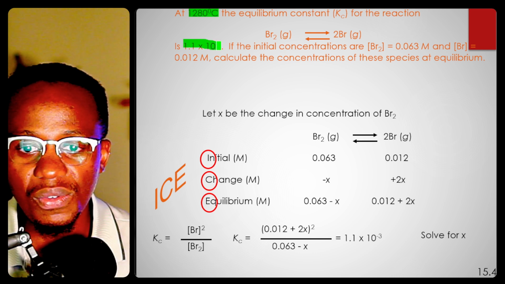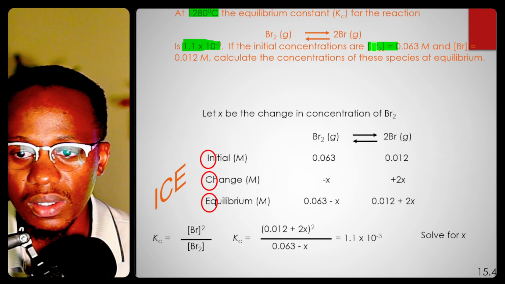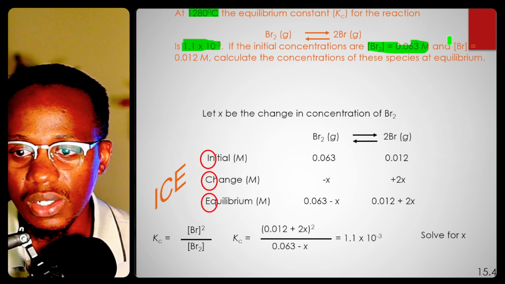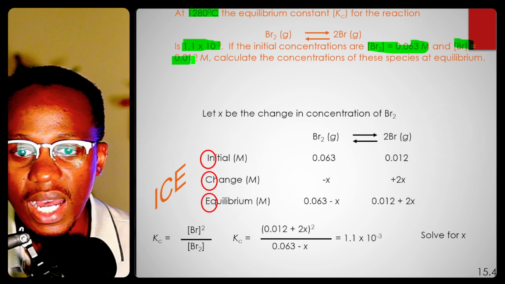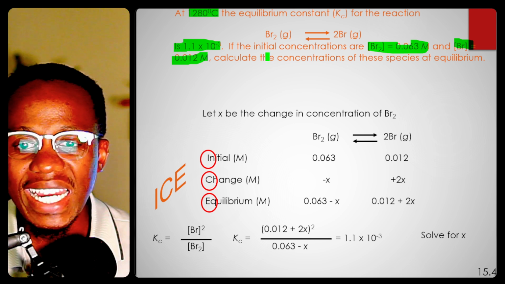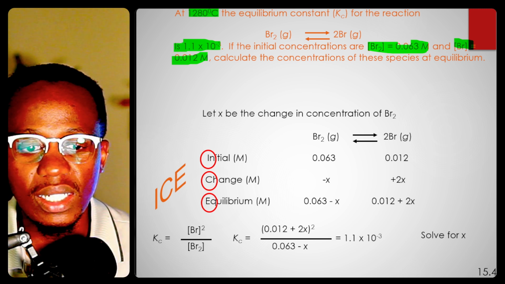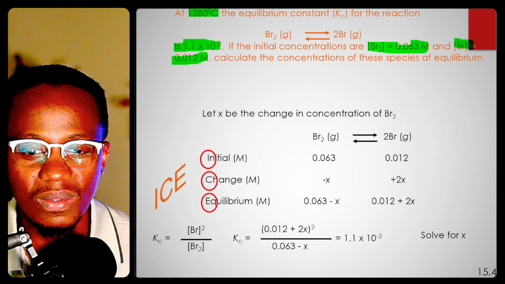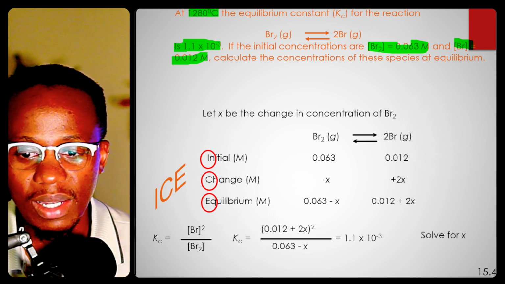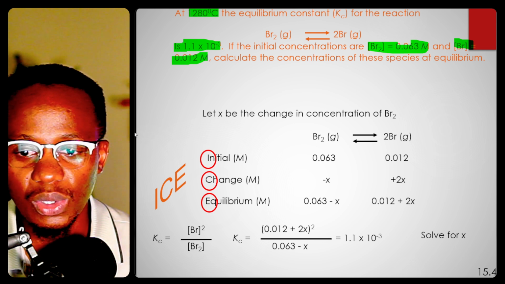So I give you the equilibrium constant, and I give you the initial concentrations, and I need you to pay attention. I gave you the initial concentrations, but they are not concentrations at equilibrium. And we need to calculate the concentrations at equilibrium. That can be a bit tough, but I will show you, okay?